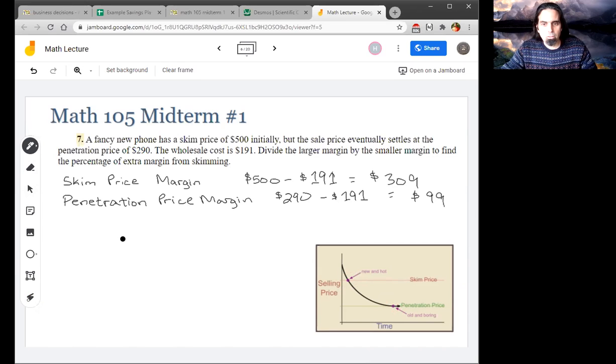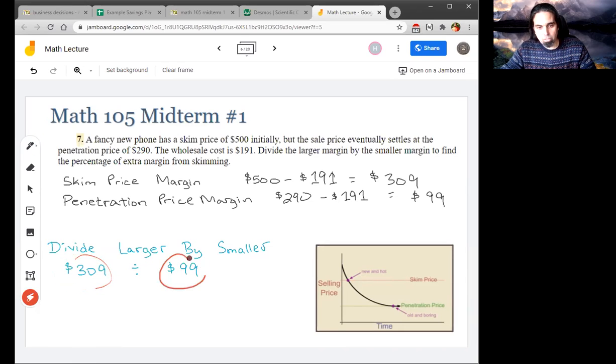If we divide the larger by smaller, this is like a percent change, change divided by original. This is the basis for comparison.